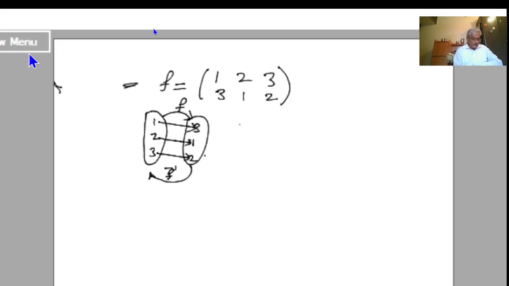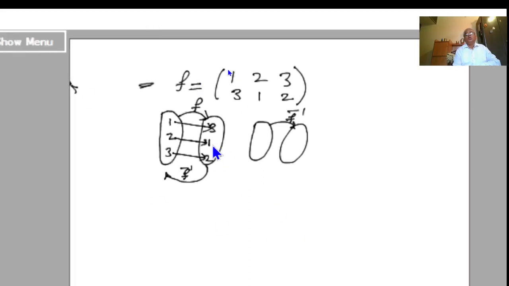In F inverse, 1 goes to 2, and 2 goes to 3, and 3 goes to 1. So this is our F inverse.